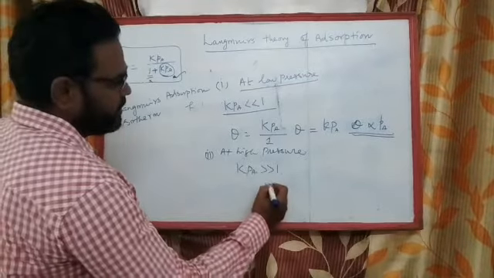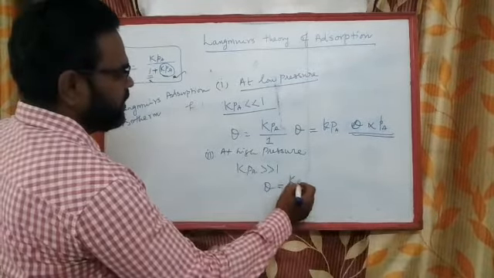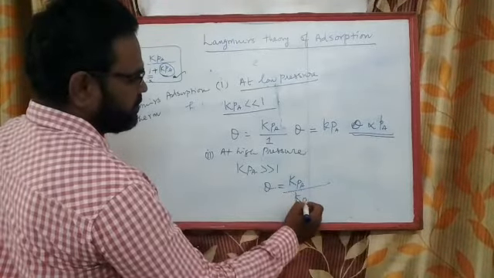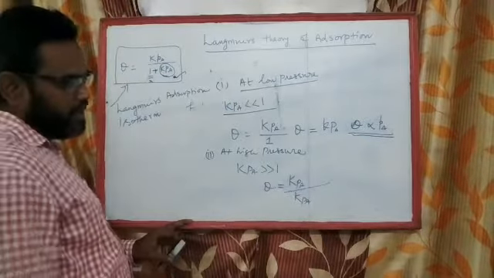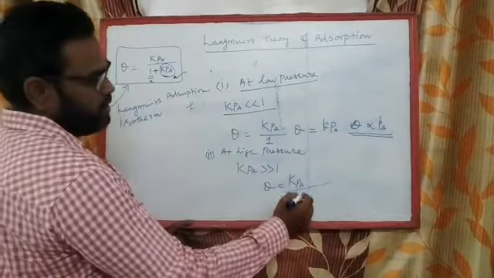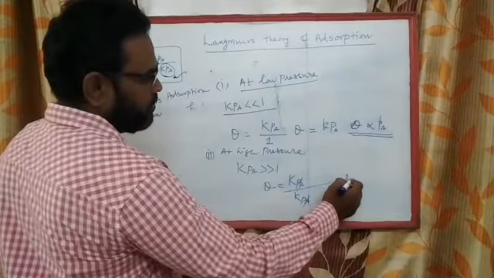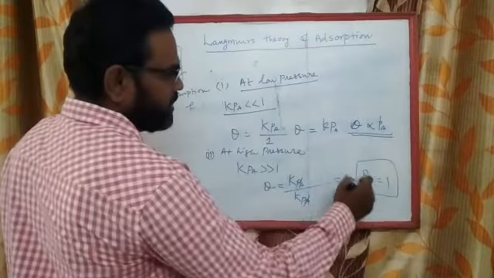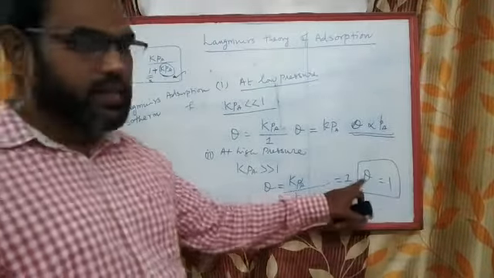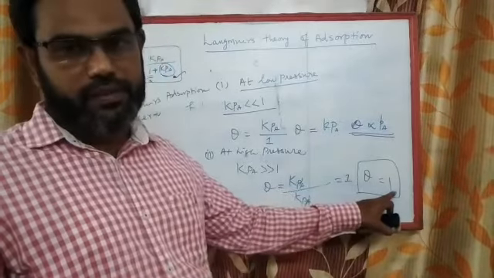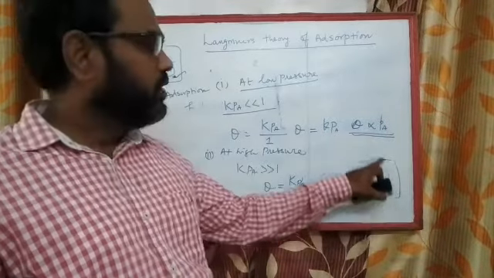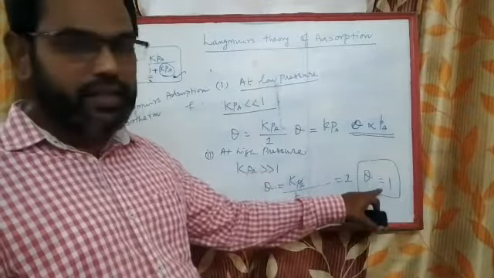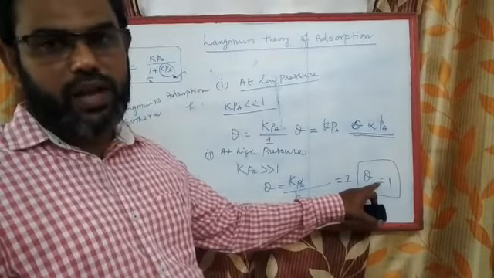So theta is equal to K Pa divided by K Pa, so if I cancel these two, theta is equal to 1. In this case, the surface area adsorbed, theta, is independent of pressure. So the reaction is first order at low pressure and zero order with respect to high pressure.